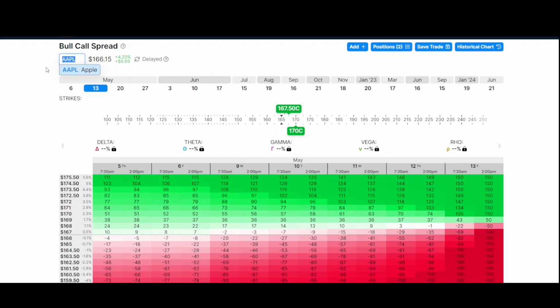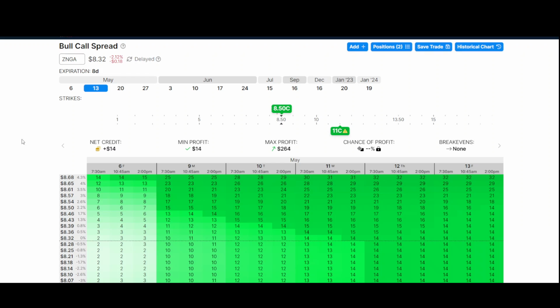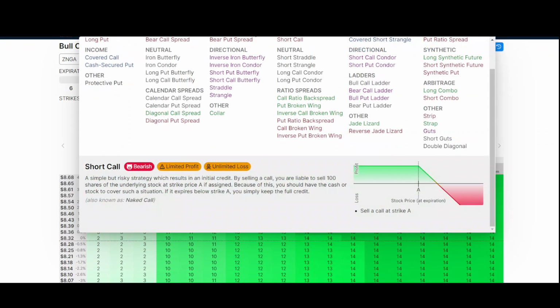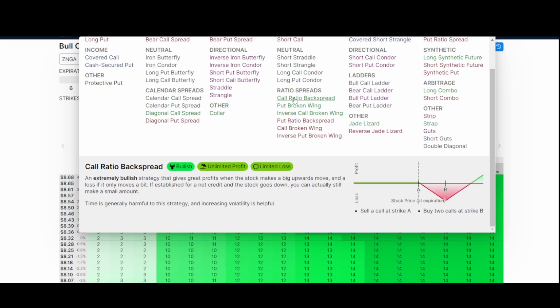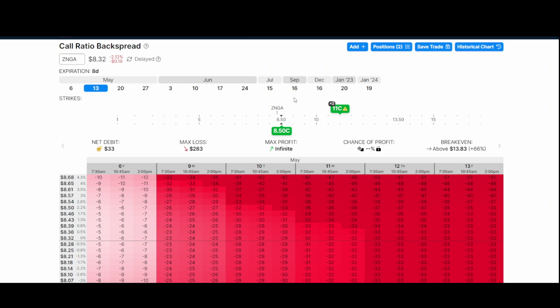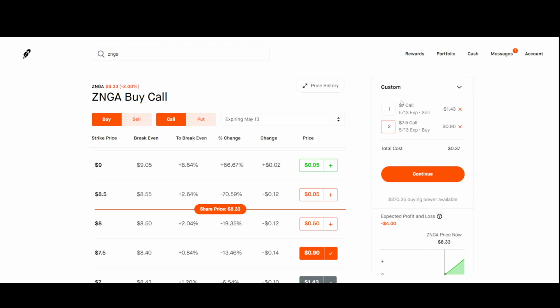Enter the ticker symbol that you chose for your stock. We chose Zynga. Make sure you have the correct expiration date chosen. Come over here to Build, and we're going to click on Call Ratio Back Spread under Ratio Spreads. Then all we do here is enter this into Option Strat. We sold a $7 call, just one of them.